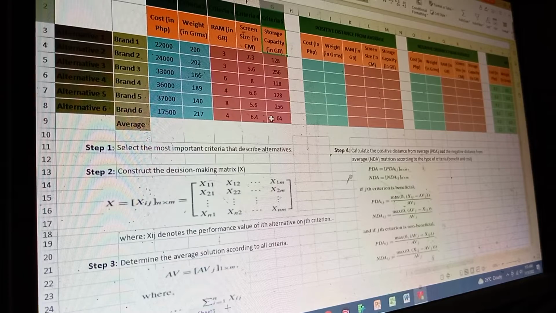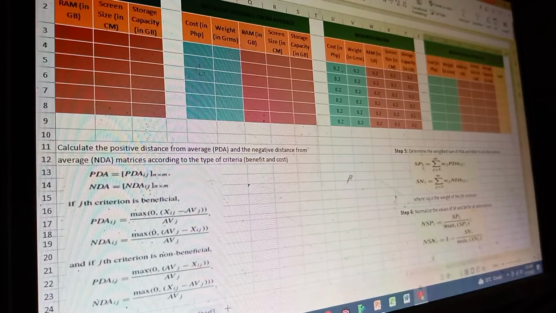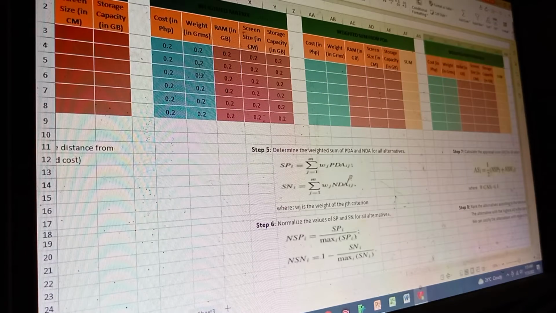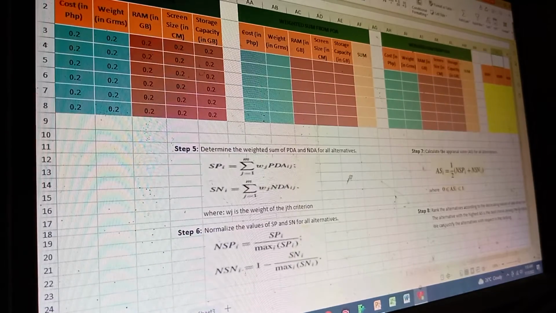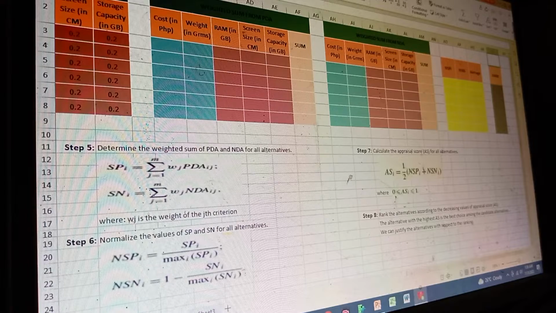Given this data, we need to calculate the positive distance from average, negative distance from average, weighted sum of PDA, weighted sum of NDA, then the normalized sum, then the ranking.